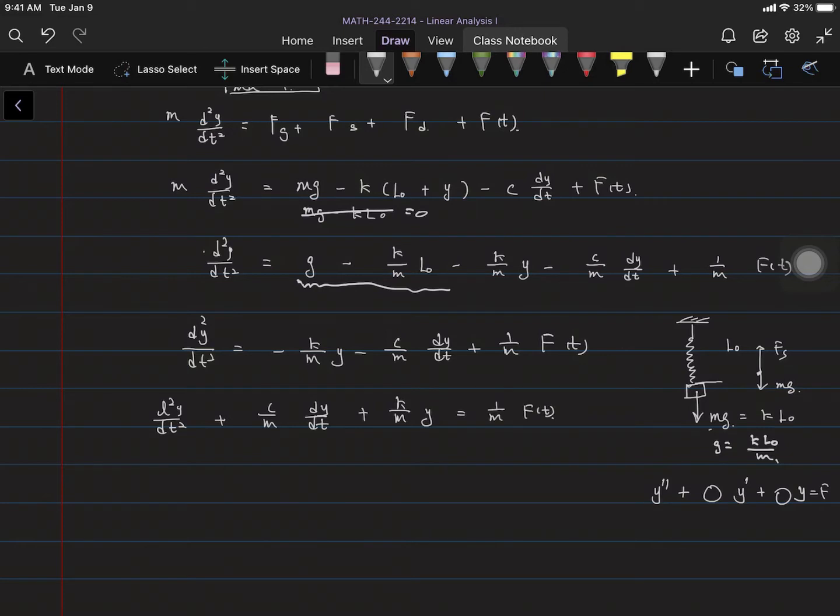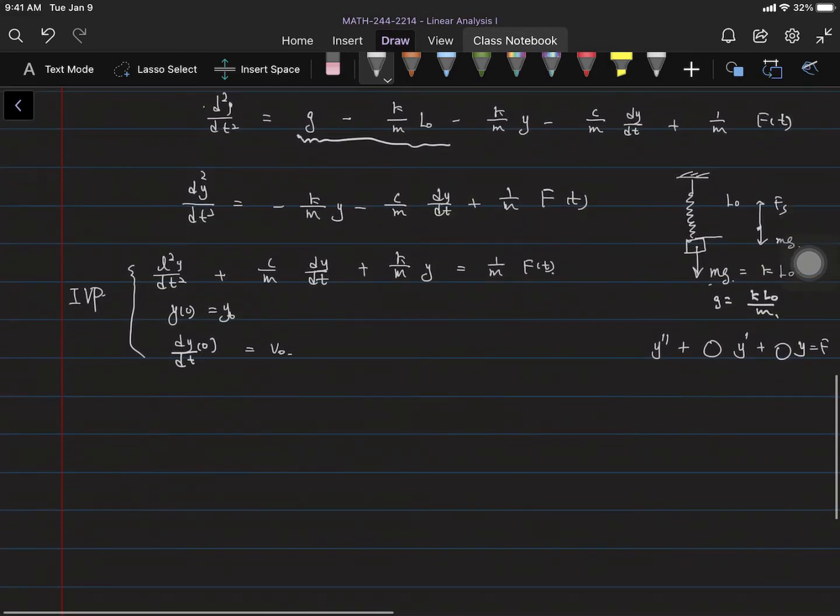Our initial conditions are y(0) equals y0, and velocity, that means y'(0) is v0, the initial velocity. So we get an initial value problem, and we can solve it.